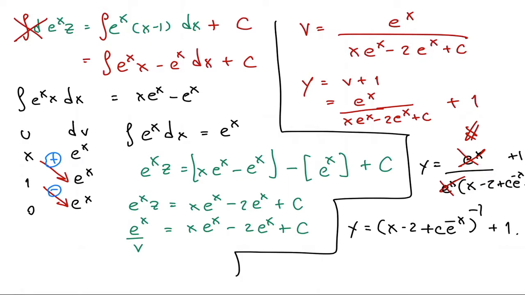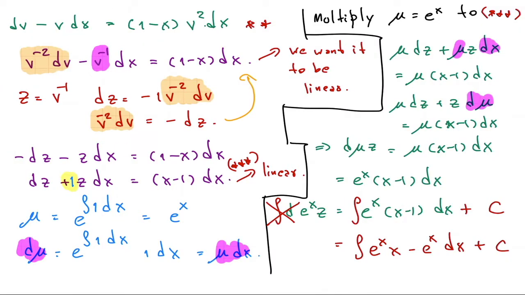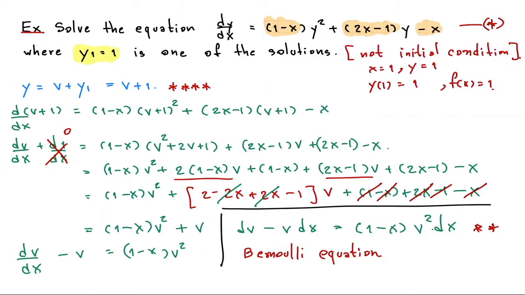Okay, let me summarize this long problem here. First, we know one solution. So we let y be v plus y1, which is v plus 1 in this case. And then we substitute this y in this equation.